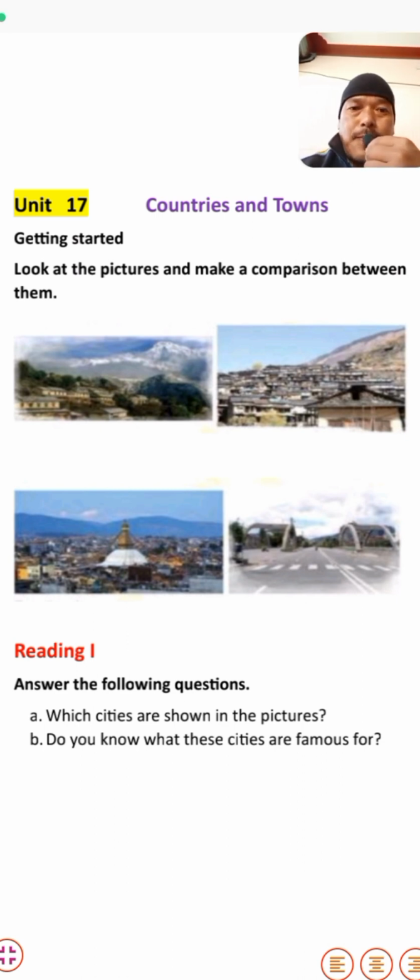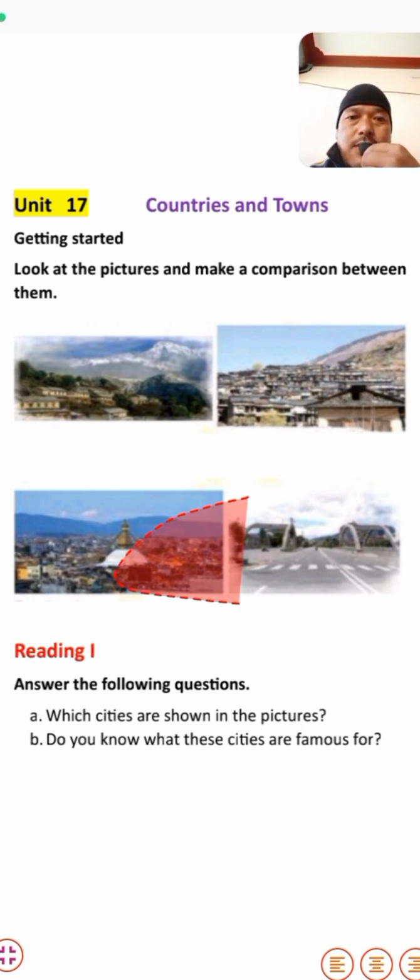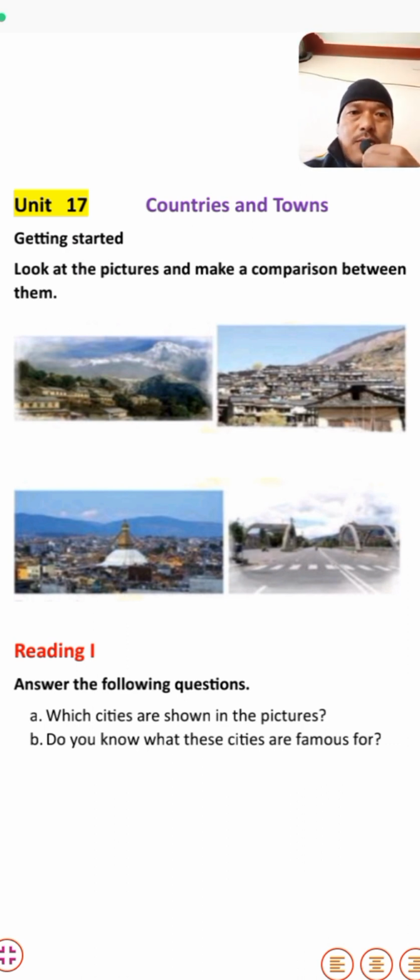In the other picture, we can see a modern way of infrastructure and construction, with wider and smooth roads, a beautiful city. This is the comparison, students, where we can see modern construction, wider roads and infrastructure. On the other hand, in the above picture we can see an older way of construction, and they are older houses.